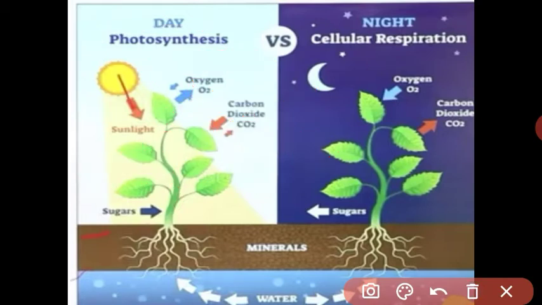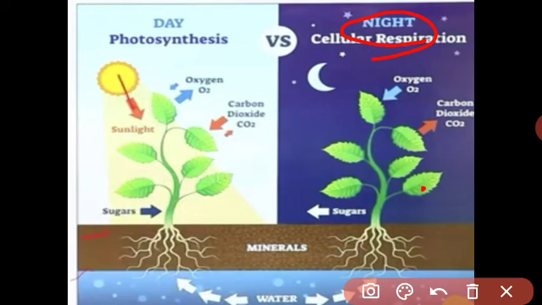But what happens during the night time? There is no sunlight, so photosynthesis is not carried out at night. Then the stomata are closed. At that time, the stem has lenticels.